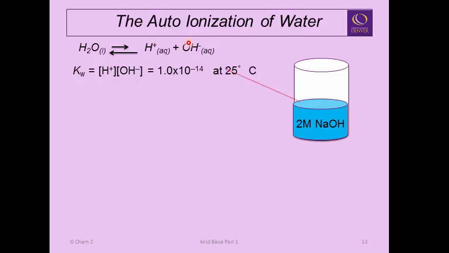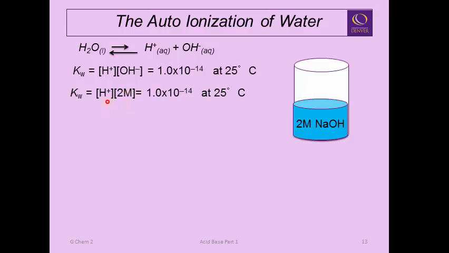So Le Chatelier would say, well, I predict that it's going to shift to the left to consume some of that excess of hydroxide, and consequently the H plus is going to start to drop. The way you can solve this is set it up in an equilibrium expression. It's a strong base, so all of that hydroxide is considered to go into the solution.